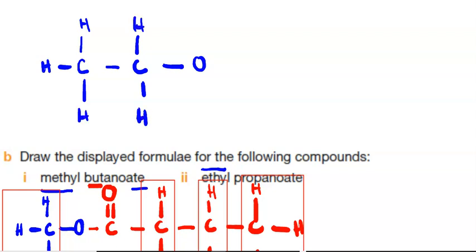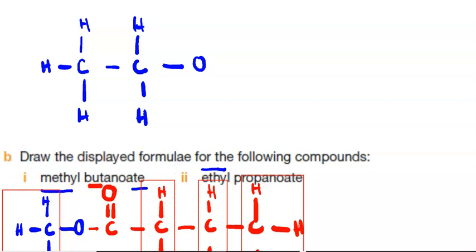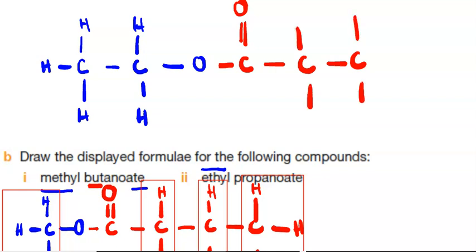And then the acid part, it's propanoate. It means you need to draw 3 carbons, 1, 2, 3, and this carbon is directly attached with oxygen, and the rest of the carbons you need to complete there.